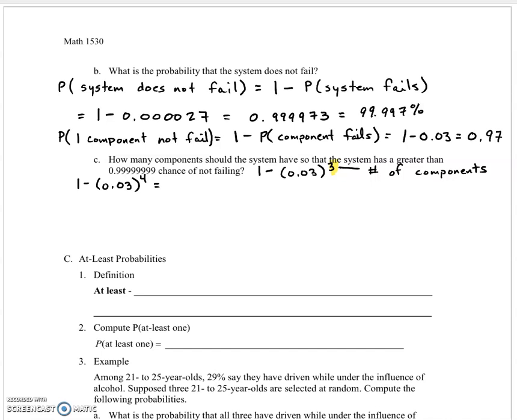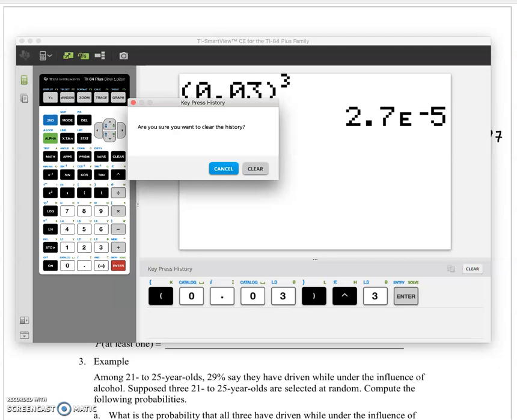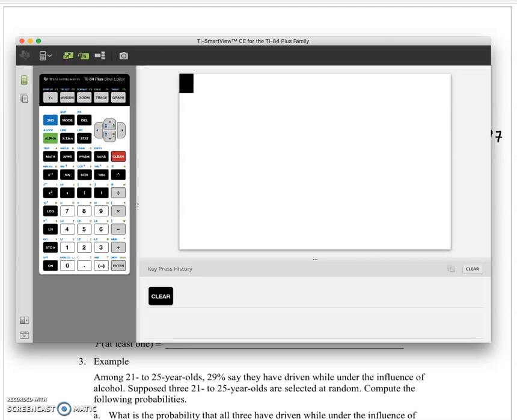So if we put that in the calculator, well, that was not very smart. Let's try this again. Actually, sorry, let me try this again in the next video because I'm about to run out of time. It only allows me 15 minutes. So I'll show you this calculation and we'll finish this part.